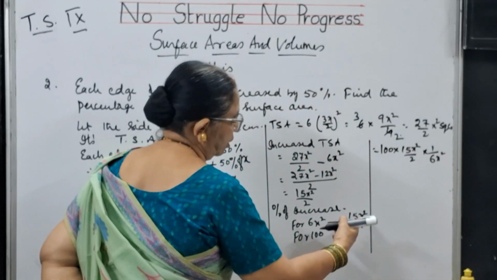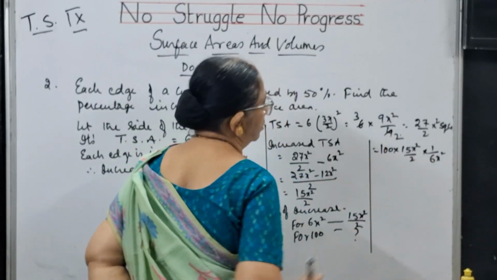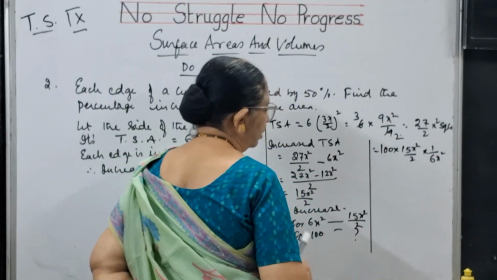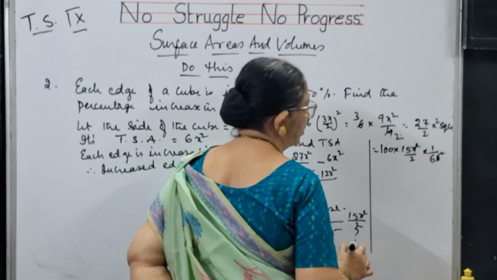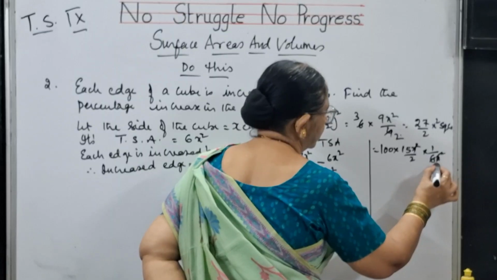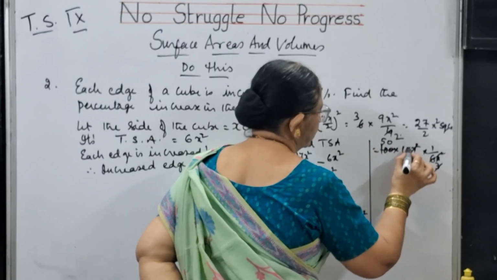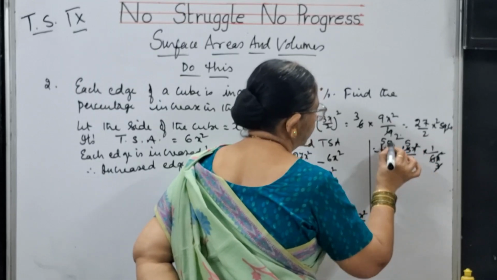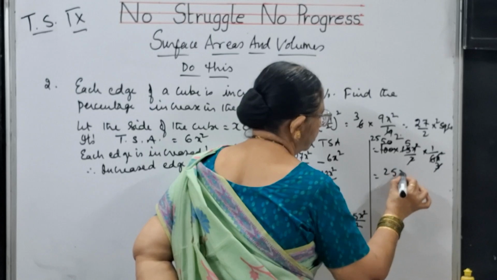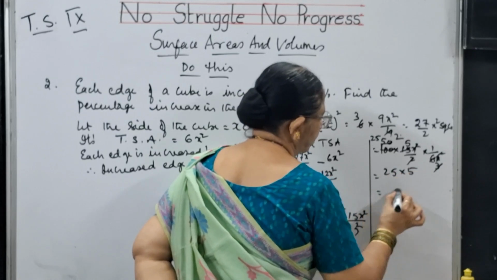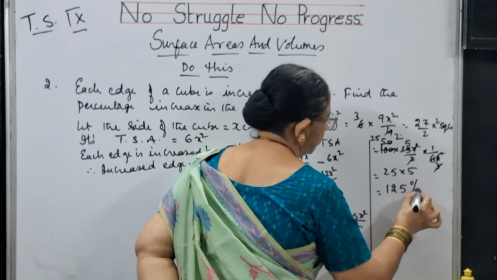Divided by 6x square means into 1 by 6x square you will be getting. Actually, this value into this divided by this, but already this is in p by q form, so the next one becomes its reciprocal. So x square will get cancelled. 2 threes are 6, 2 fives are 10, 3 ones are 3, 5 ones are 5, 2 ones are 2, 25. So how much? 25 into 5. That is 5 fives are 25, 5 twos are 10, 125%.